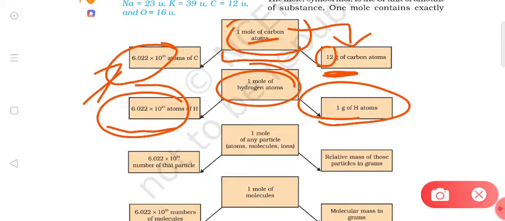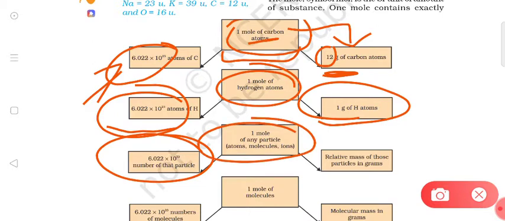Again, for anything 6.022 into 10 to the power 23 particles means 1 mole of that substance or 1 mole of those particles, and their mass can be calculated from the relative mass of those particles in grams, right.